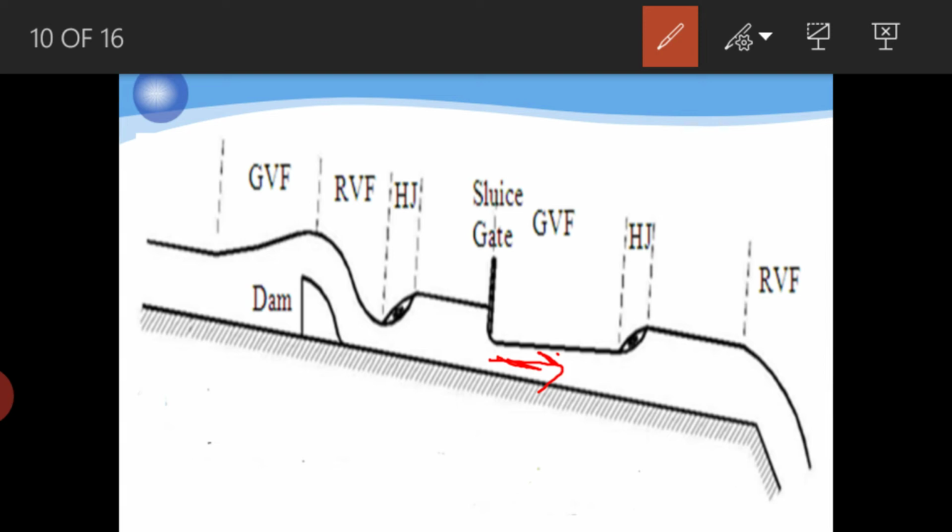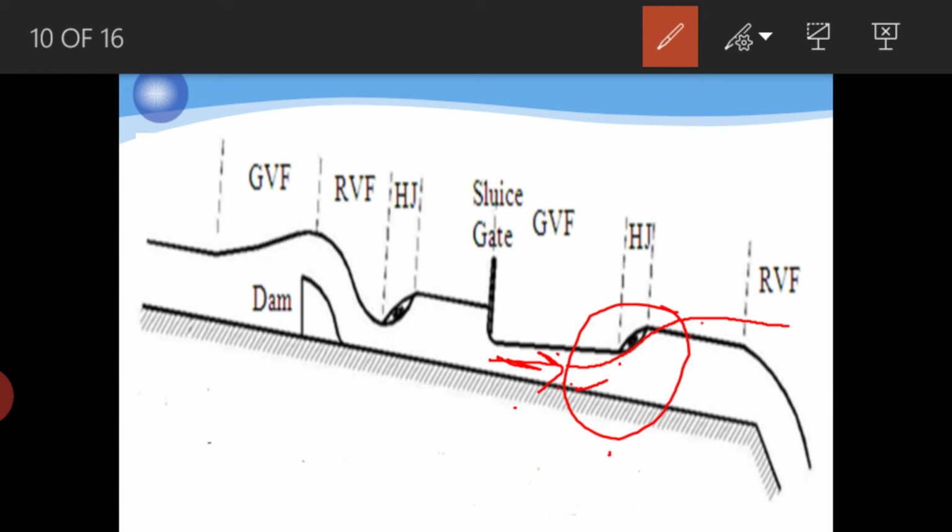When it meets the surface here, gradually the depth goes on increasing. From here onwards it started increasing, meaning from high velocity flow to low velocity flow it changes in these two particular regions. Then whatever the condition of flow we get, that is called a hydraulic jump.